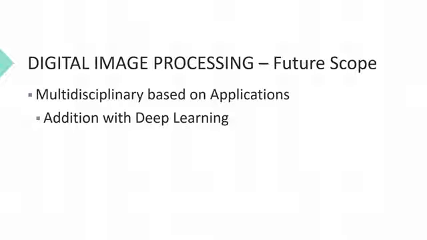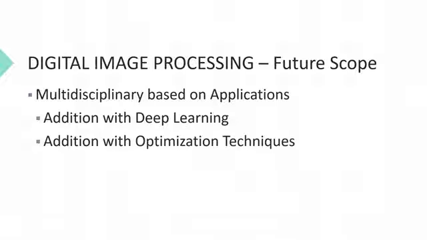with respect to deep learning technologies. Next is the addition of optimization techniques. Most of the evolutionary algorithms like genetic algorithm, ant colony optimization, and various meta-heuristic algorithms have been utilized in combination with digital image processing for many days, to achieve the optimal solution with respect to the process flow of the corresponding optimization technique.